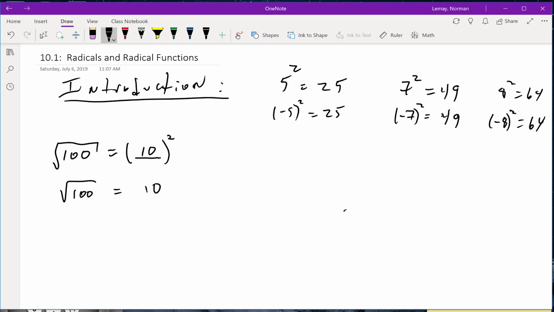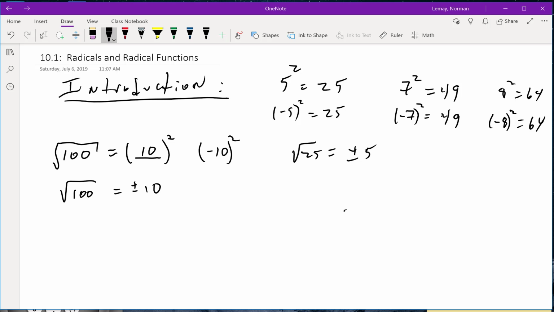But let's also note that negative 10 raised to the second power also gives me 100. So technically, the square root of 100 is plus or minus 10. So if anybody ever asks you, for example, what is the square root of 25, technically you should come back and say plus or minus 5.